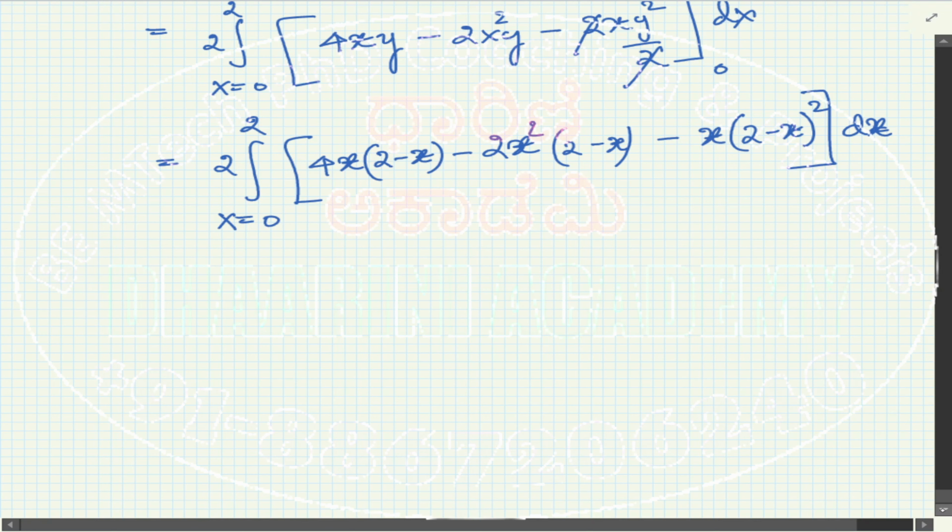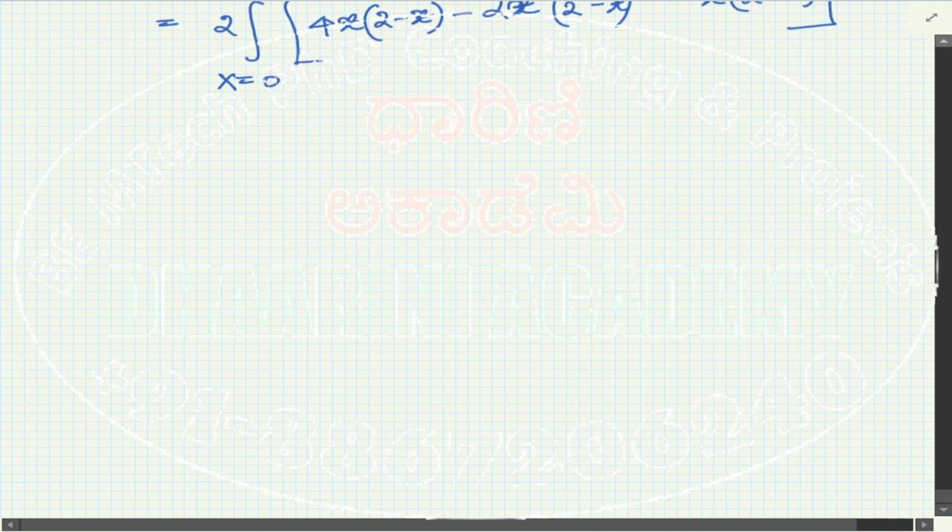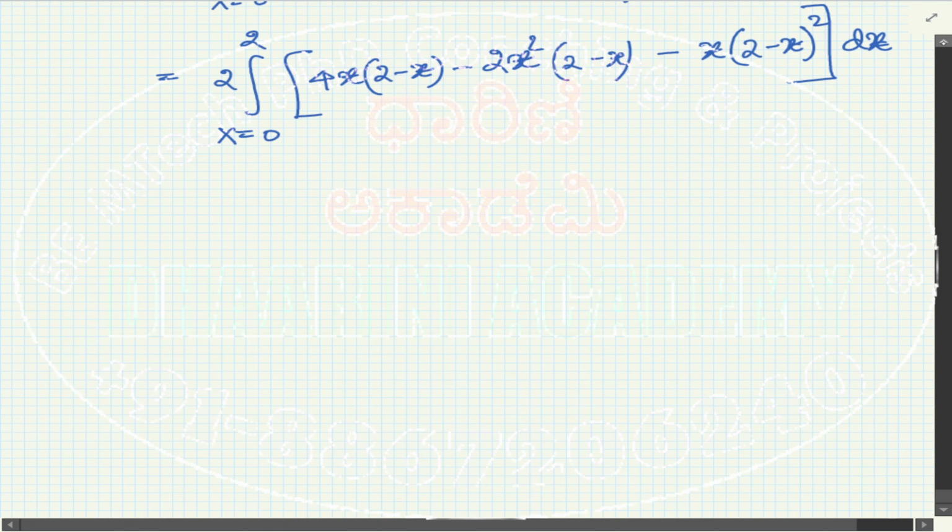Okay, so let us expand this now. So this has to be equal to 2 times integral x is equal to 0 to 2. Let us expand the term. So this is 4x into 2 is 8x. 4x into x is minus 4x square.